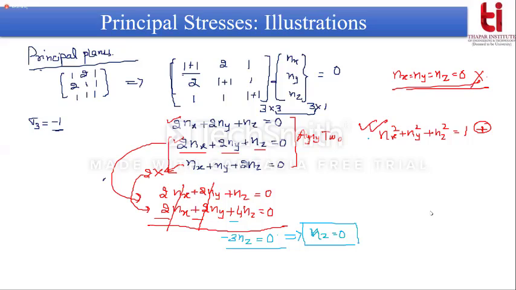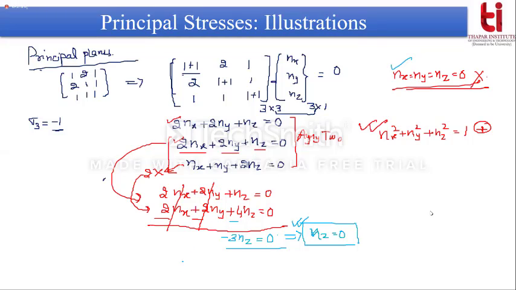Now nx, ny, nz cannot all be 0, but any one can be 0. As soon as nz becomes 0, by subtracting these we can write one more condition. This is by multiplying this equation by 2, and the other way also you can multiply the first equation by 2 and then subtract.